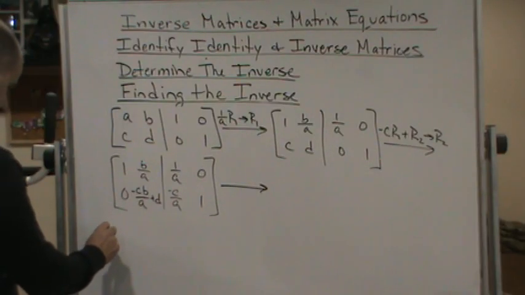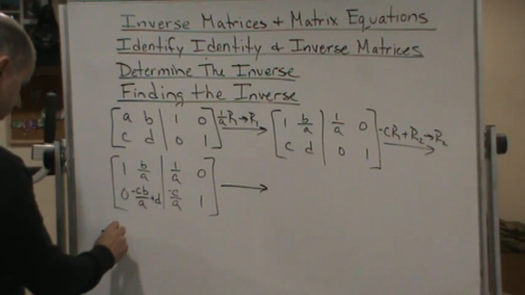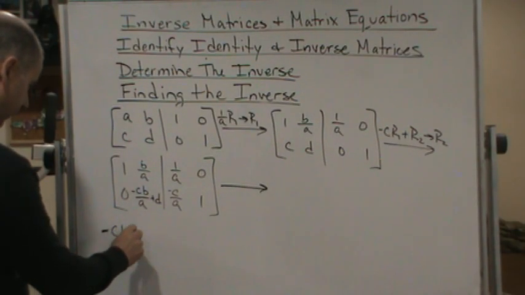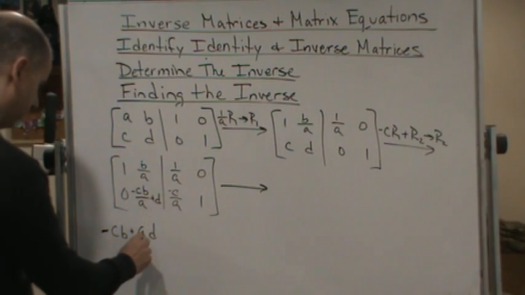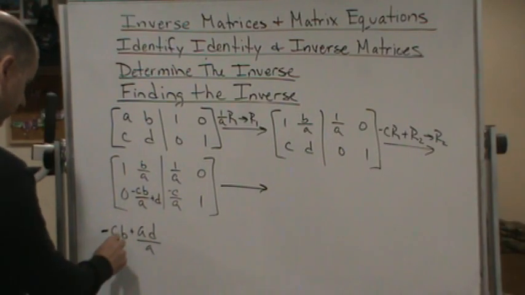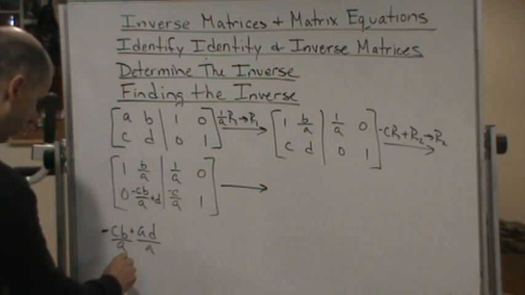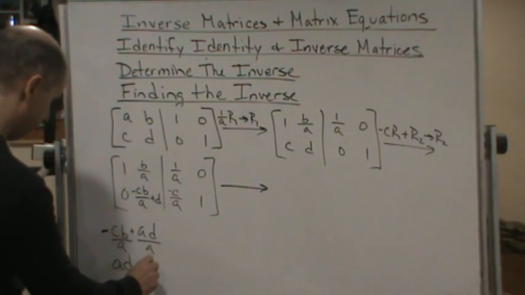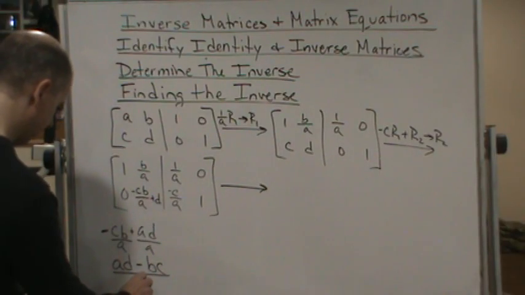So if I have negative CB plus AD over A, which is then going to give me what? Let me switch this around. This is the same as AD minus BC over A.